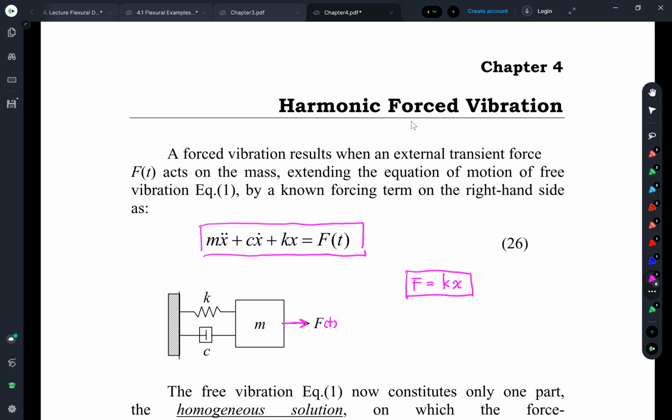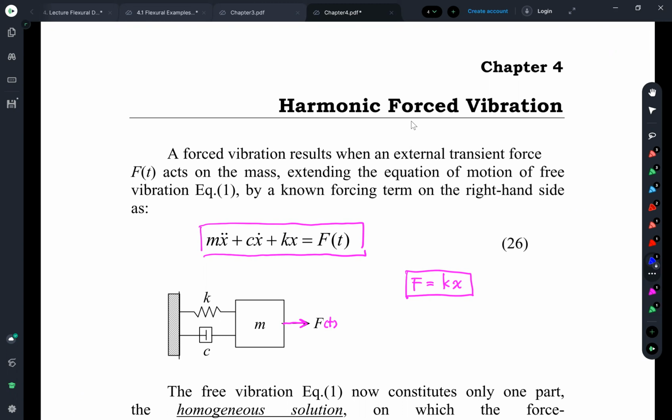But you don't have any change of the movement, like the velocity or the acceleration. That's why you can imagine that when x double dot equals 0 and x dot equals 0, you get the static equilibrium F equal to kx. That's it. That is the story about the static analysis that I think you have learned a lot in structural analysis courses.